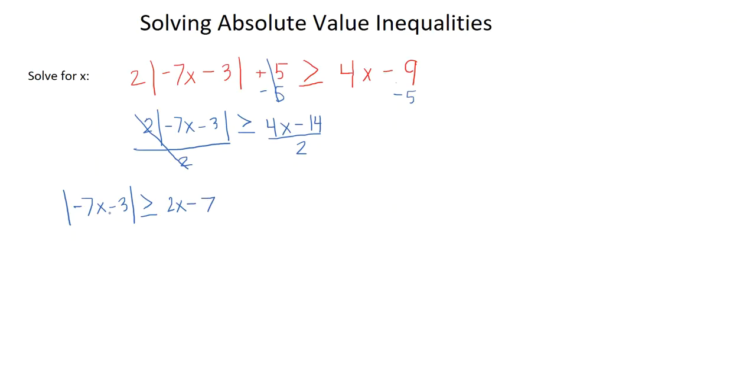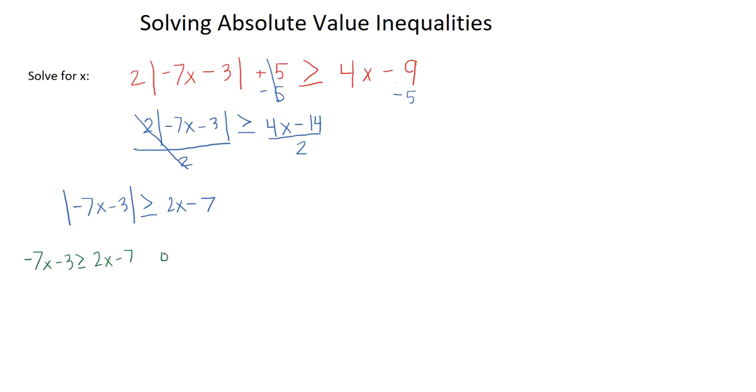So now that the absolute value is by itself, we can split this into 2 inequalities. So the first one is going to be negative 7x minus 3 is greater than or equal to 2x minus 7. So everything is the same. We just took the absolute value signs away.